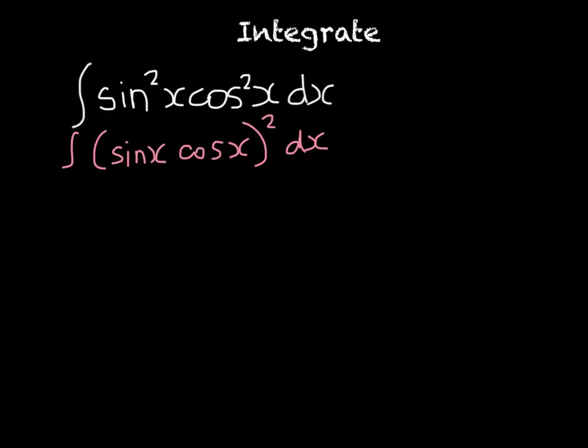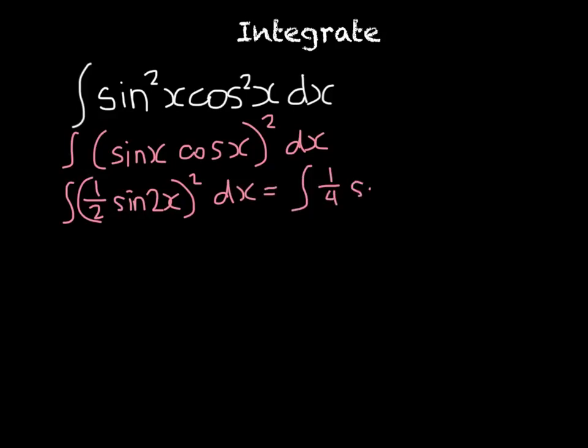Then we can use our double angle identity to rewrite this part as 1/2 sine 2x squared dx, or 1/4 sine squared 2x dx.